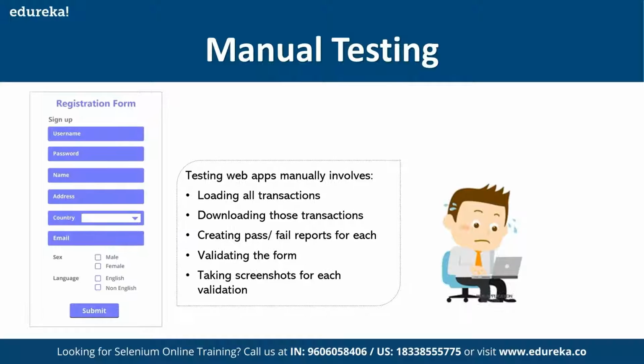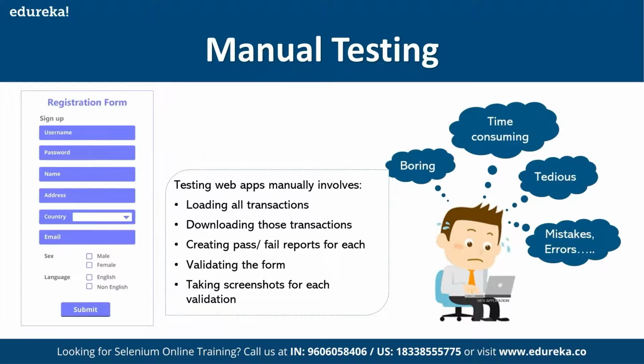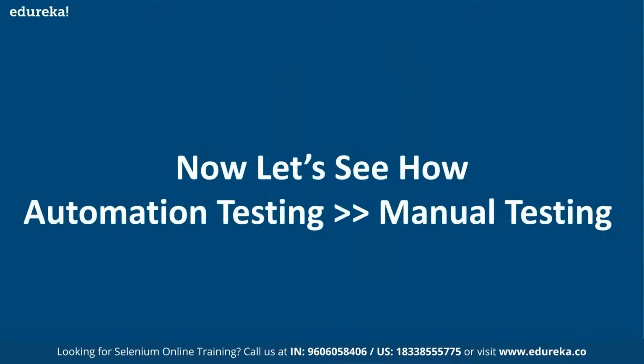Also, after performing the same job again and again, you will get bored of the test cases. It is time consuming to execute them, and tedious to maintain and manage the entire manual testing flow with the reporting structure. And also, we are human beings, we might make mistakes which can affect our quality process.